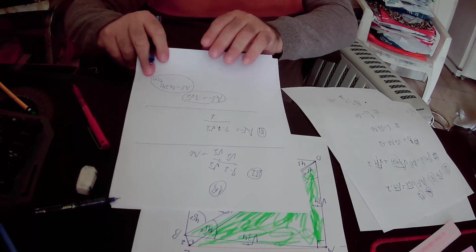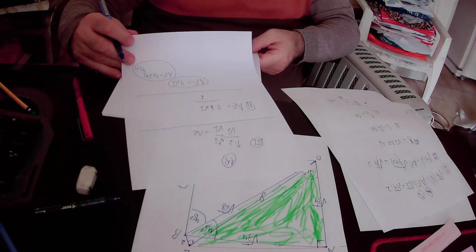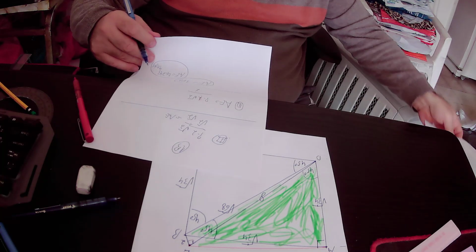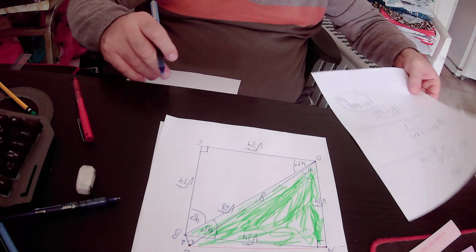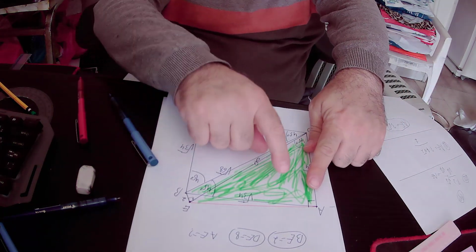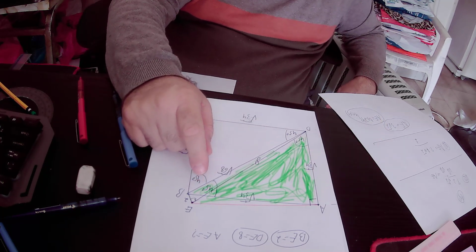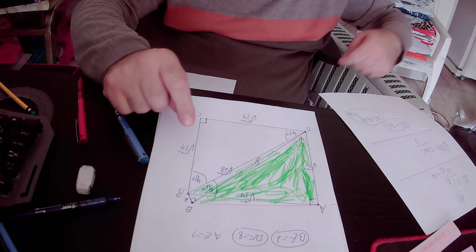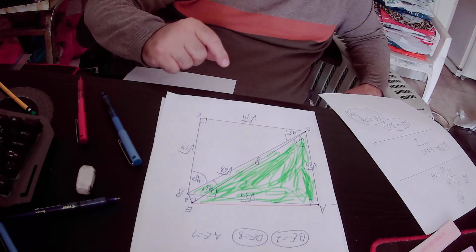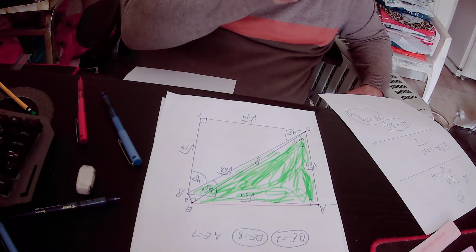So I will repeat again. We found out that the missing line segment AE equals 3 times square root of 2, or in terms of numbers, AE equals 4.243 units.